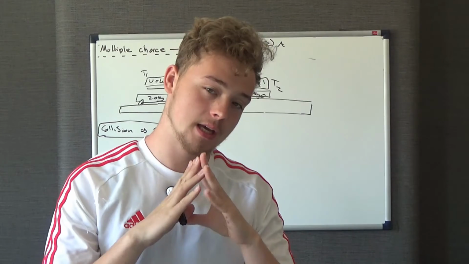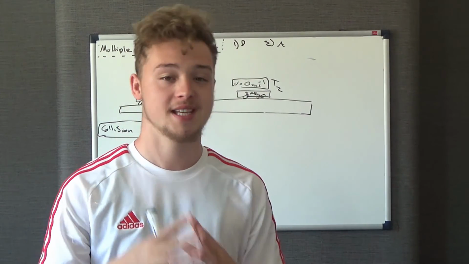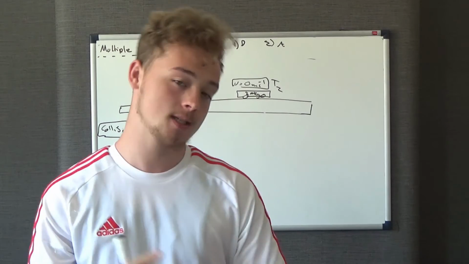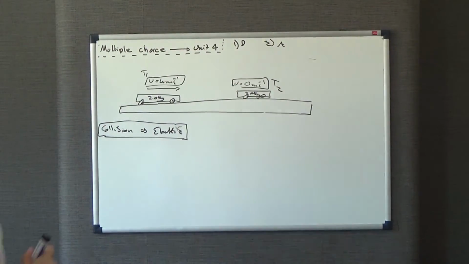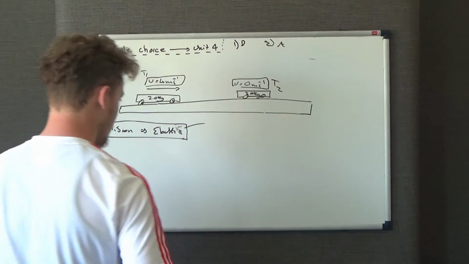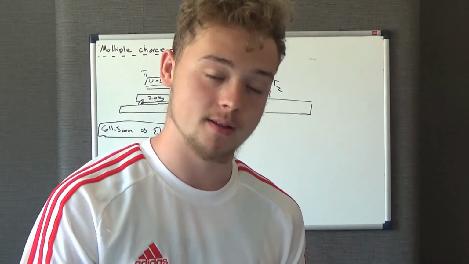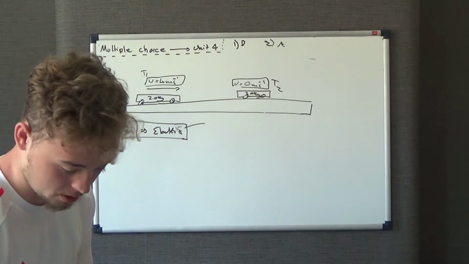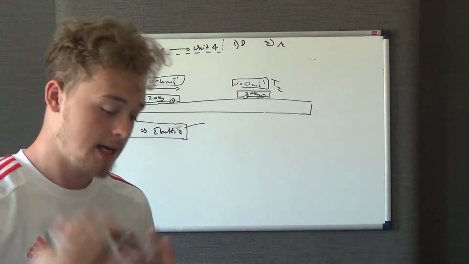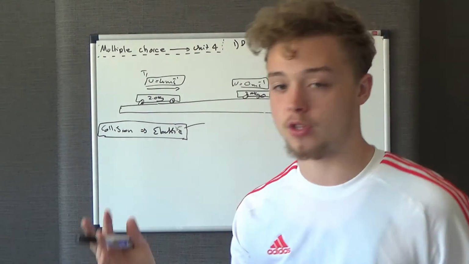Elastic means there is no loss of kinetic energy, whereas inelastic, there is loss of kinetic energy. What we're asked to do here is work out which of the following statements is correct, and each statement just gives a potential outcome after the collision.